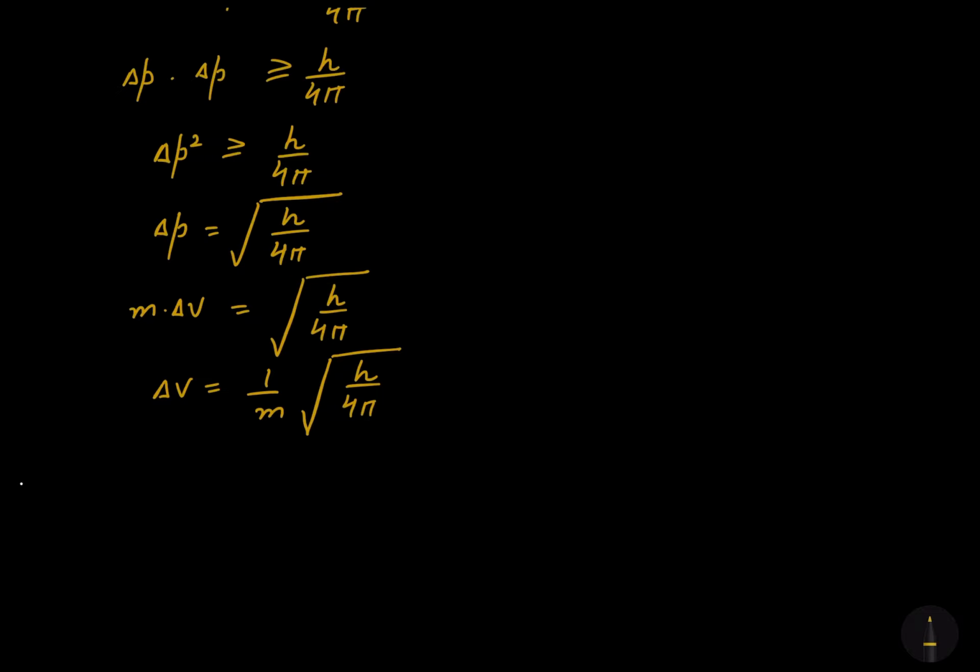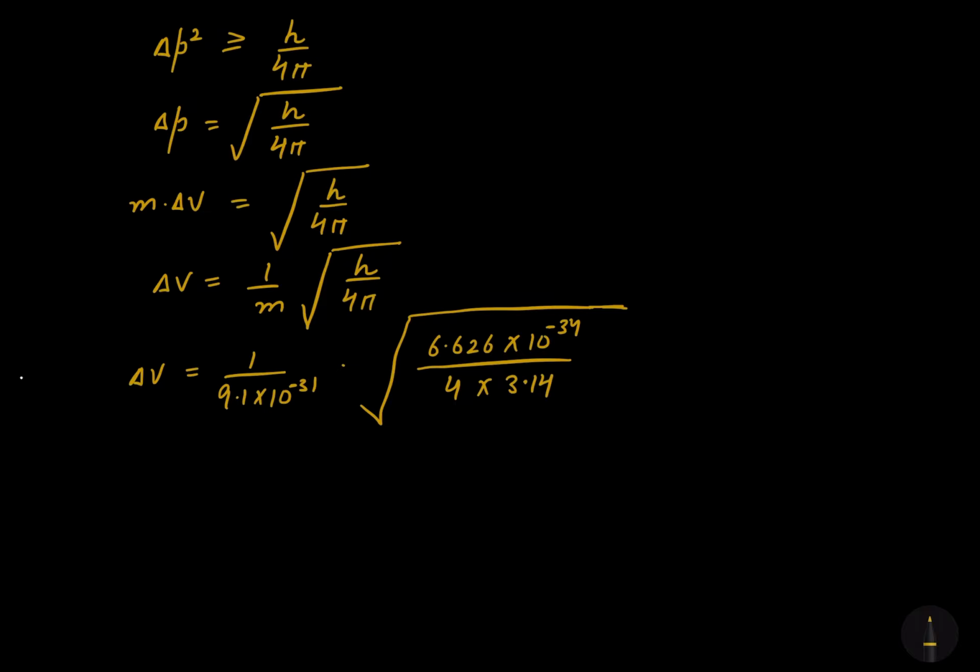Now delta v comes out to be, let's substitute the values. 1 by m is 1 over 9.1 into 10 to the power minus 31 kg, into the root of h upon 4 pi, where h is 6.626 into 10 raised to power minus 34, divided by 4 into pi, which is 3.14.